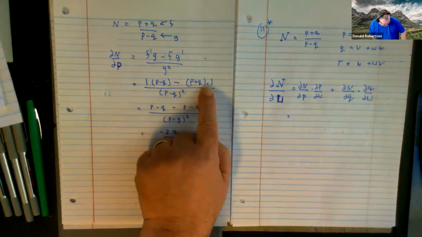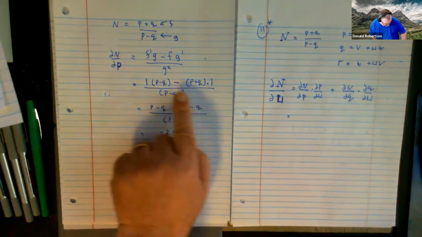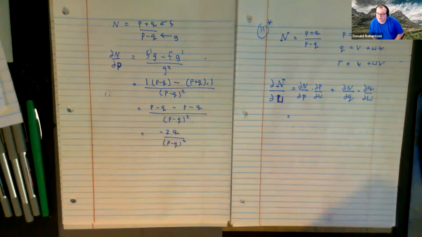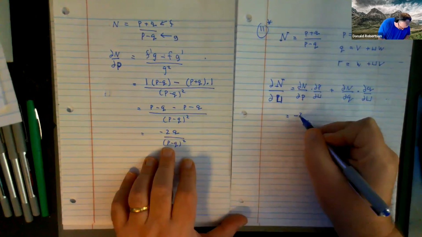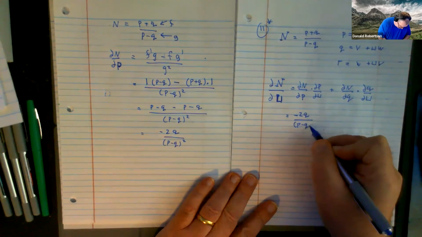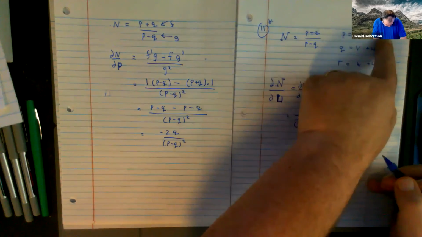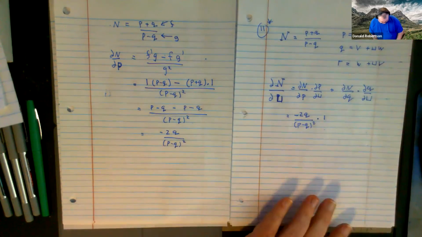So negative this is negative p, negative q. Right, taking away a p plus q, I've distributed the negative. So this guy is negative 2q over p take away q squared. Now, if you differentiate p, which is this one, with respect to u, you don't get much. You just get 1.